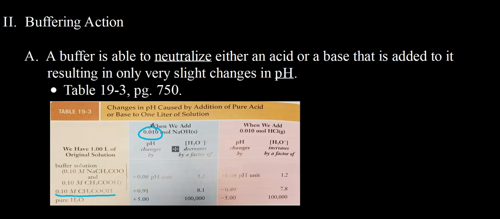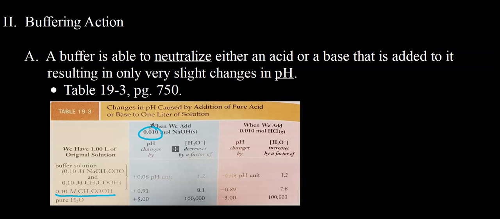How does this factor into the concentration of H plus? So H plus concentration will decrease by a little less than 10 times, so about 8 times. Remember, 1 on the pH scale corresponds to 10 times the difference in acidity or H plus concentration. So H plus is going to decrease by about 8.